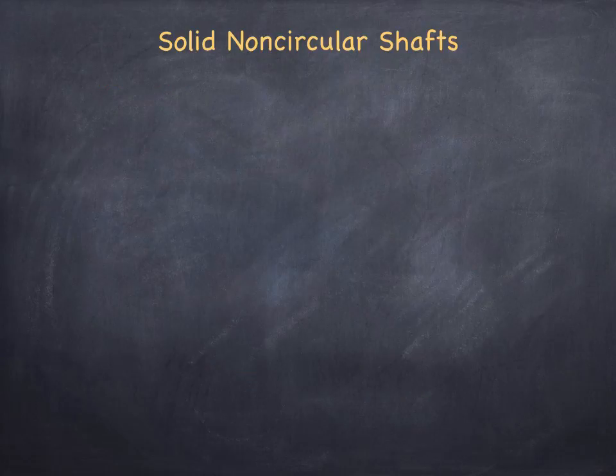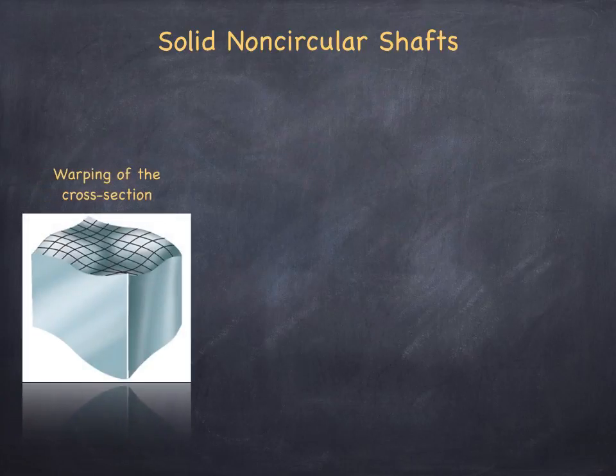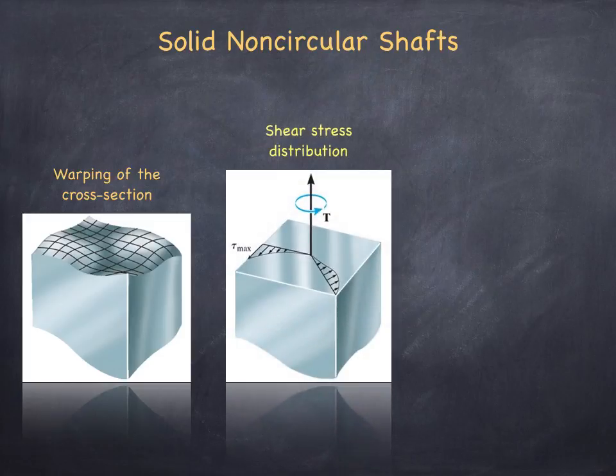Another critical aspect of the behavior of the solid non-circular shafts compared to the circular ones is the distribution of the shear stresses within the cross-section. If we're looking at non-circular shafts, we are definitely looking at shafts whose cross-sections have edges. So what happens to the shear stresses at those edges, besides the warping of the cross-section?